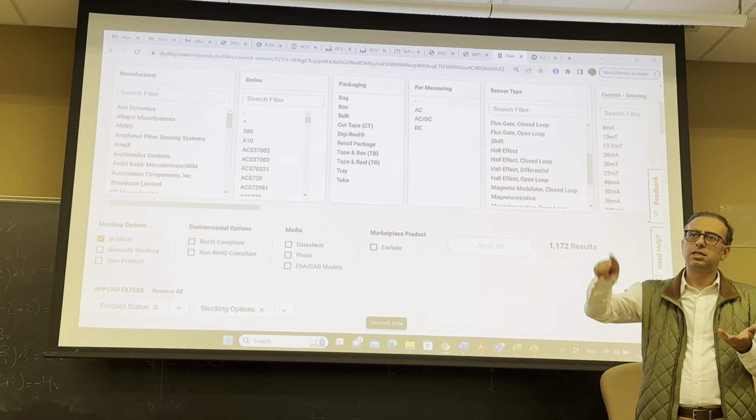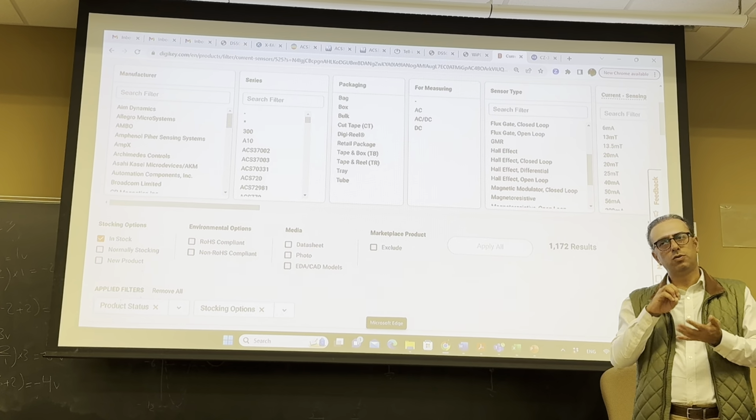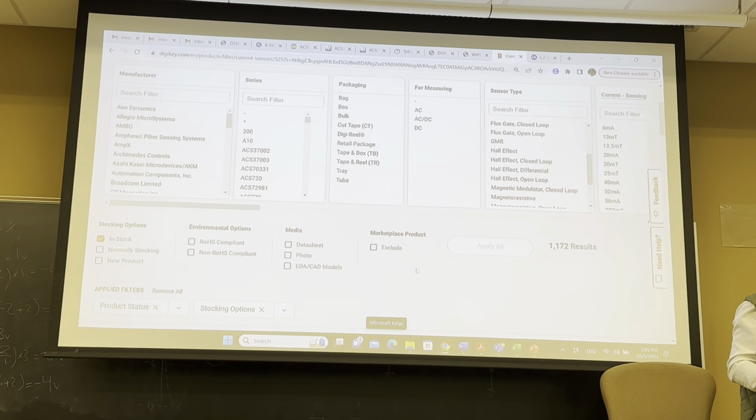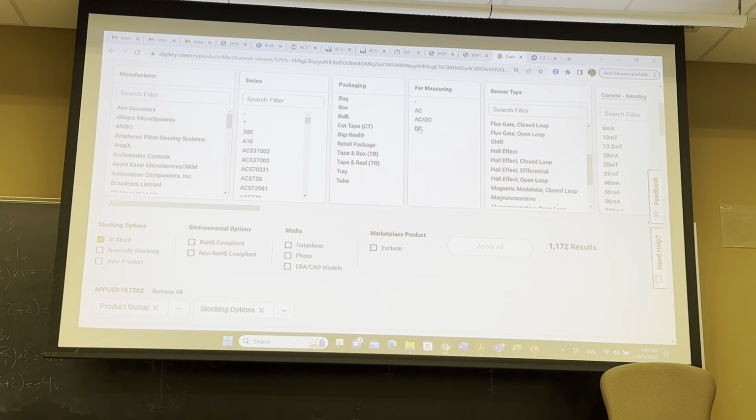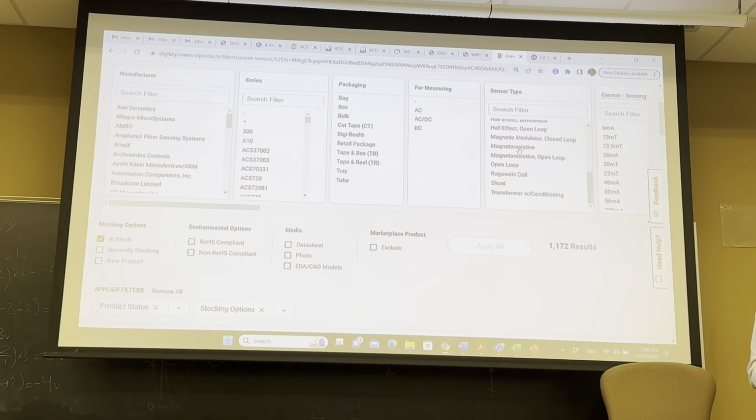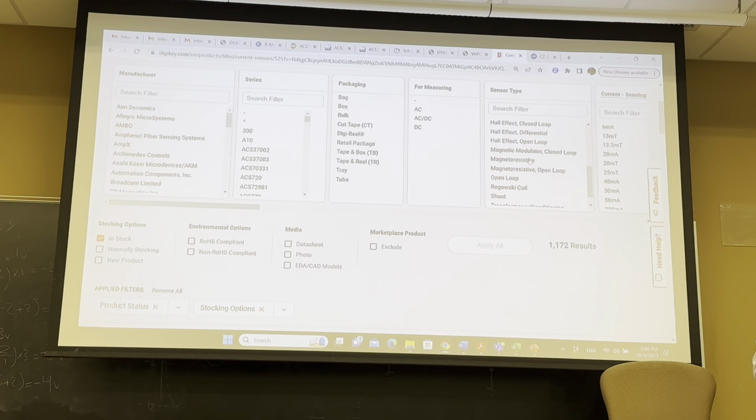So you have an AC current, you want to be able to measure both AC and DC current all together. So here, either you can choose this or not. And depending on your understanding, maybe you want a different sensor type, right? So as you can see, you can go through this and choose and discuss, basically defend your design.